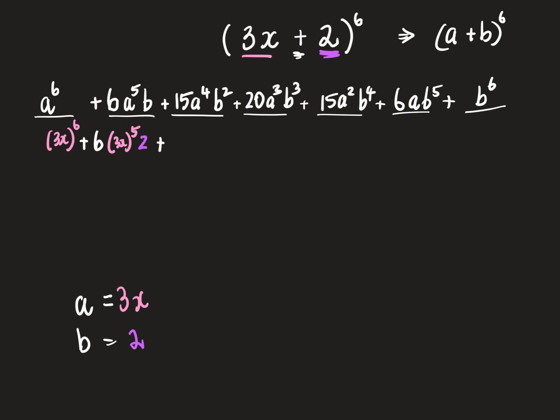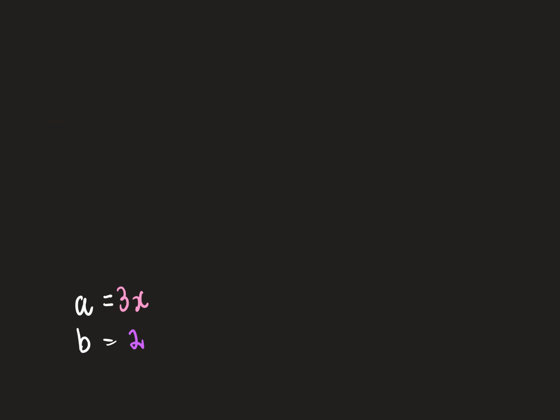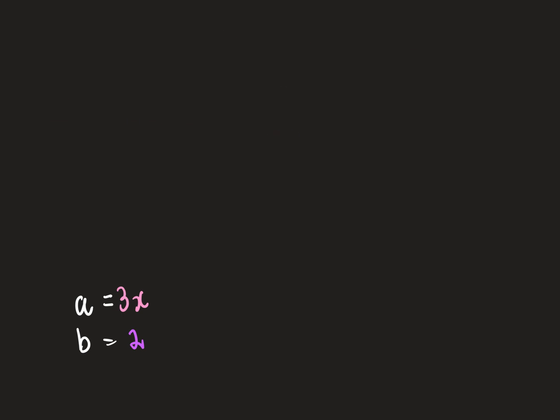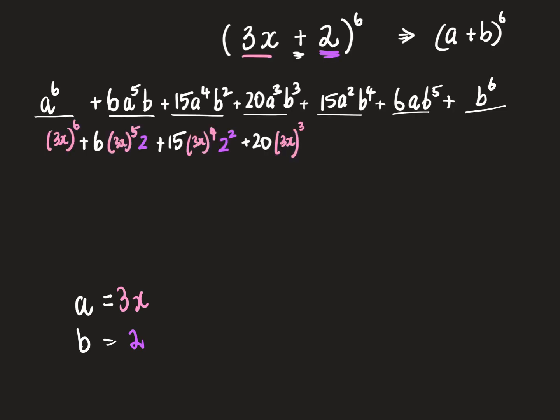And we're just going to keep on going through like that. 15 lots of (3x) to the power of 4, b to the power of 2. I'm going to keep going with that. Now, I'll encourage you to make sure that you put brackets around that 3x because it's the whole thing that we are raising to the power.